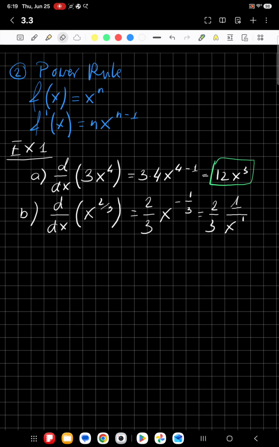Let me write it in a different way. So 2 on the top, and here we have 3 times the cubic root of x. The exponent of 1/3 is the same as the cubic root of that variable. Okay, so that's the final answer.